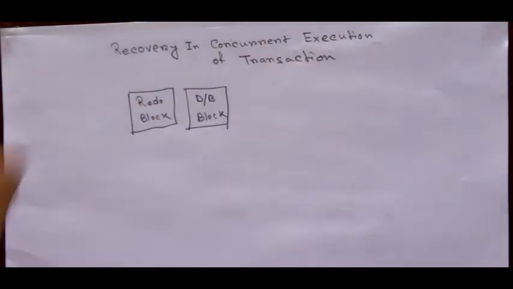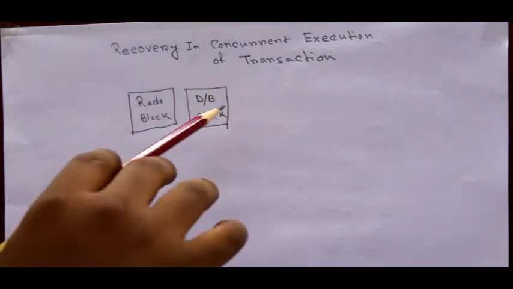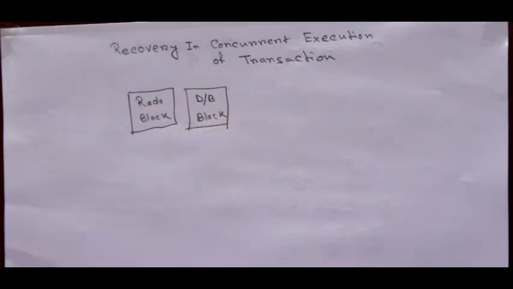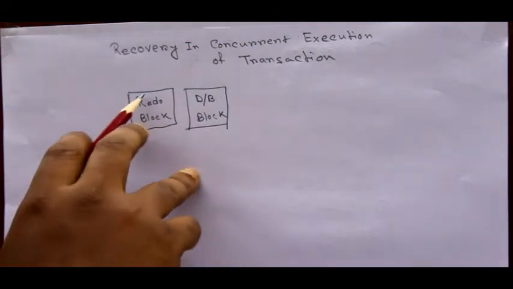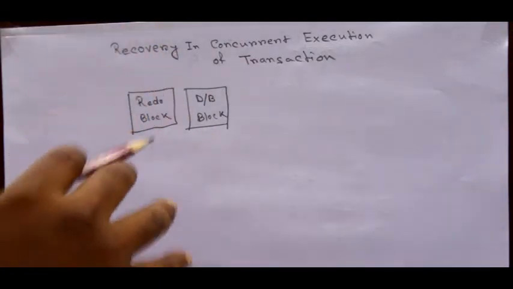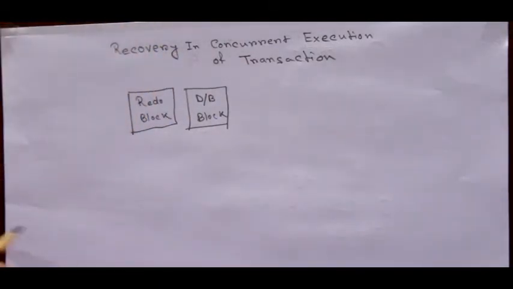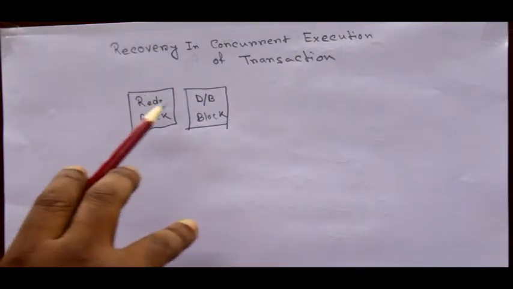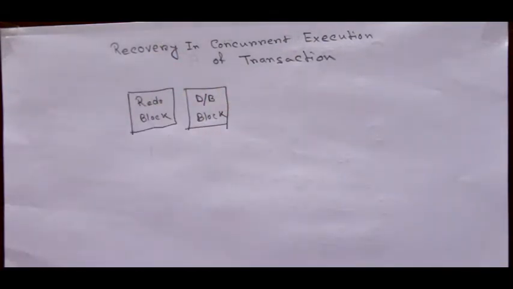Redo is the opposite of undo, and DB block is the database block. The redo block is a block where every detail of any transaction is recorded, which may be useful if any transaction fails. The DB block is a block which records all the information regarding the transaction.